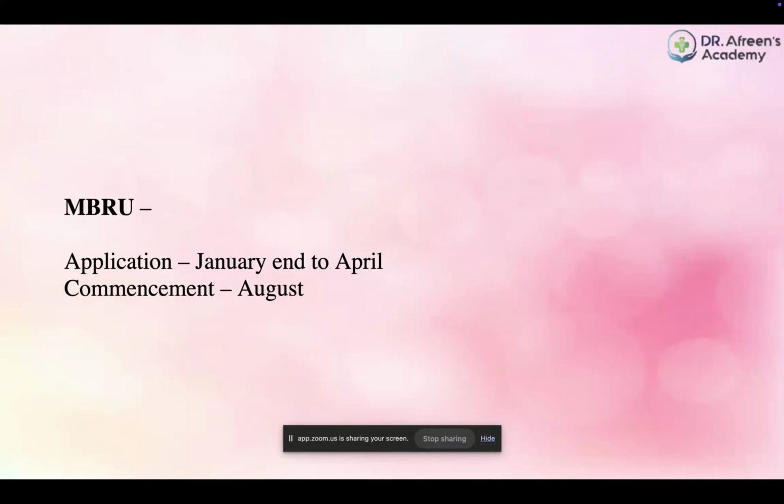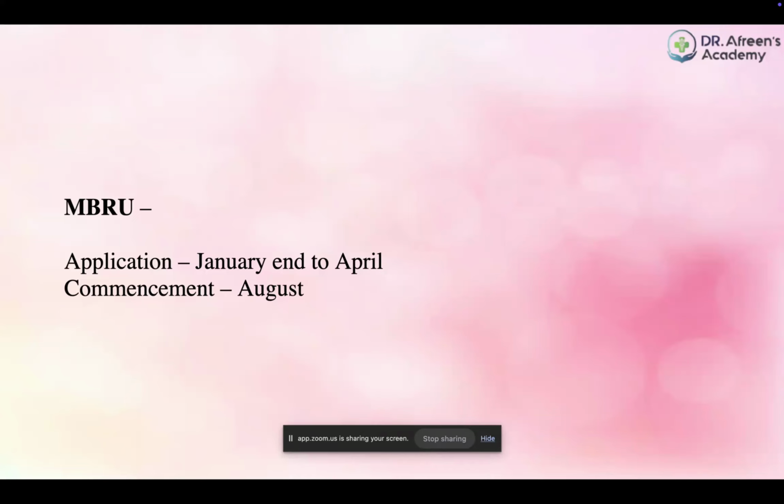So they have kept the seats open. The first preference is given to them for obvious reasons, right? So you will have to have a great portfolio and GPA to get into MBRU. On the website, if you see, they give 60% weightage to portfolio and 40% to your GPA. So you will have to have a great portfolio to get into MBRU.